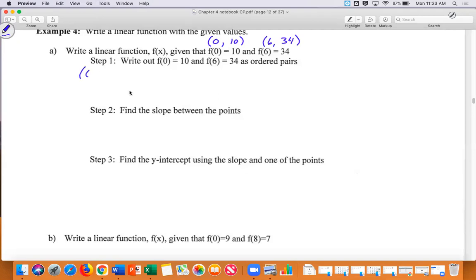So everybody go ahead and write the 2 points. I'm going to write them right here. Step number 1 is what? Label. So I have 2 points I need to label: x1, y1, x2, y2.